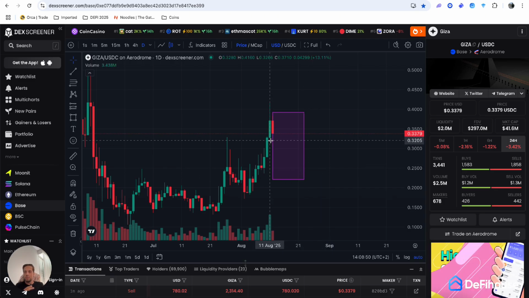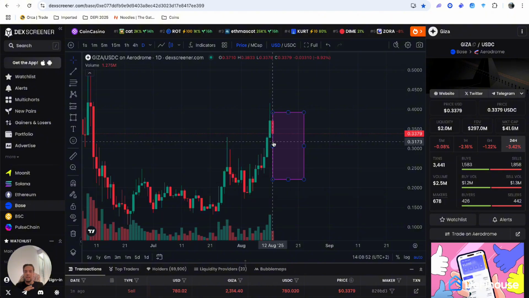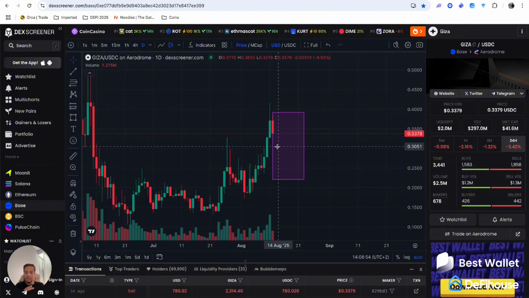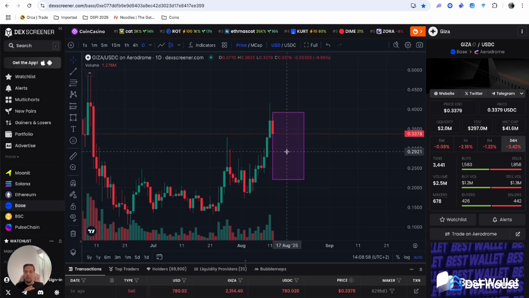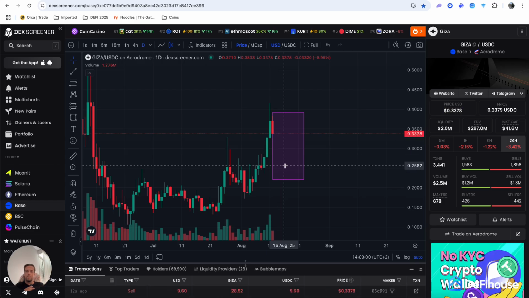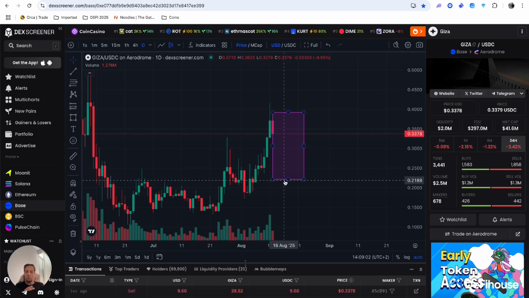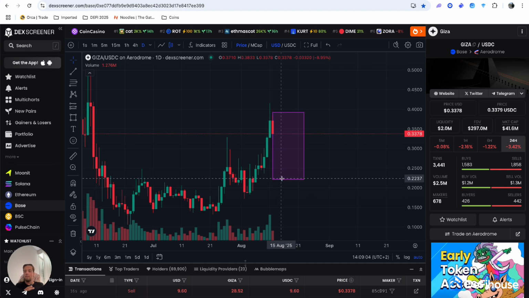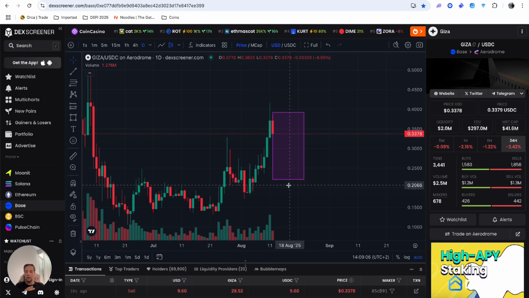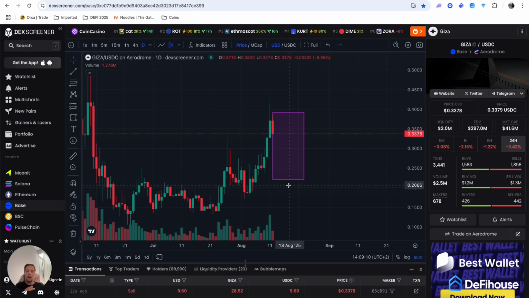And as the price of Giza goes down, you stay in range, you earn the fees, but you are also slowly being converted into Giza more and more. Eventually, if the price reaches the lowest point of your range and maybe even breaks it below, you are 100% converted to Giza coins.